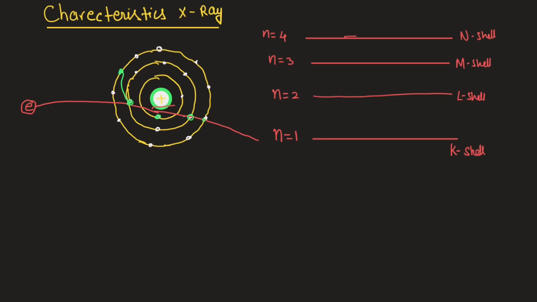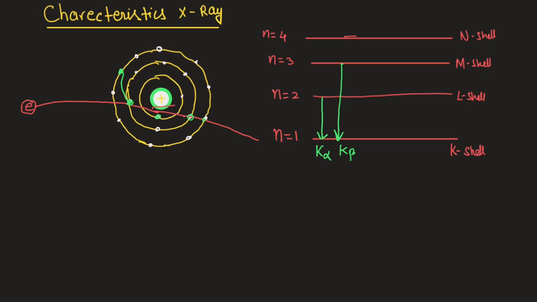Now, let's say an electron jumps from the first shell to the second shell. When it returns from this shell to this one, we say this is K alpha. If it returns from the M shell to the K shell, we say this is K beta, and similarly K gamma and so on.